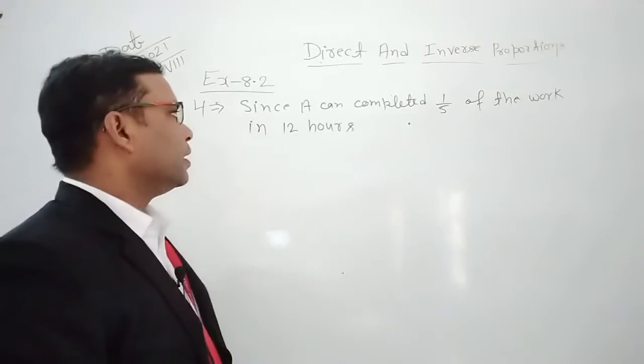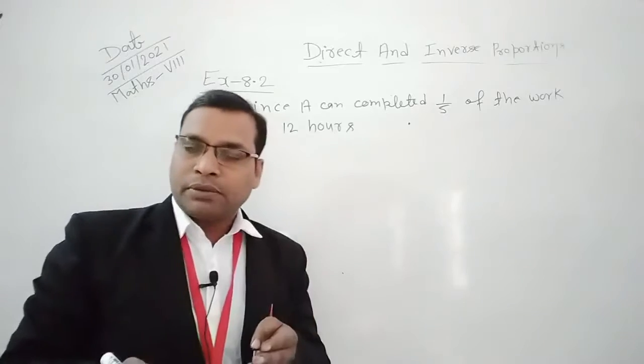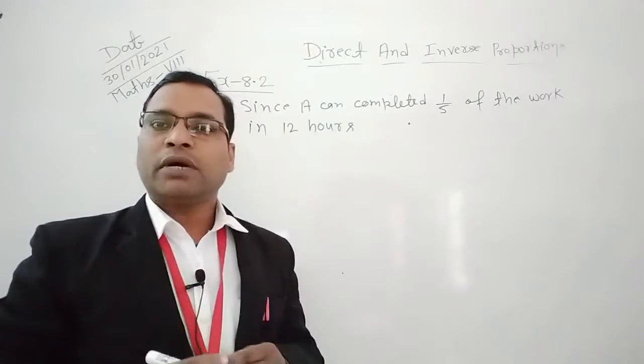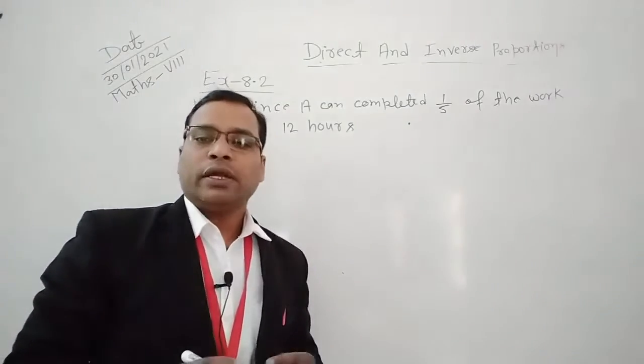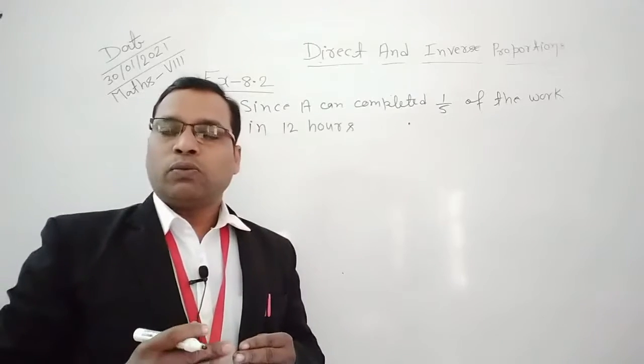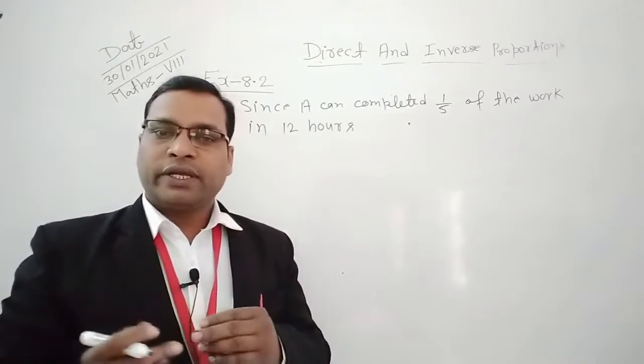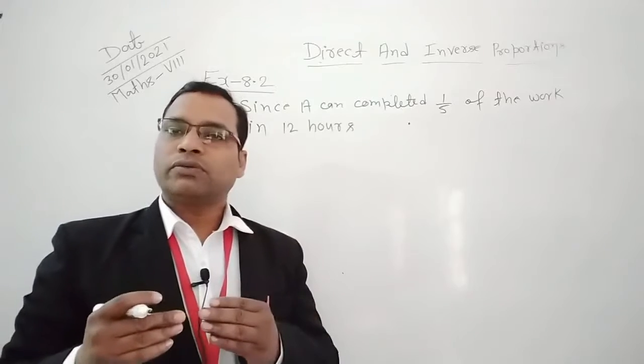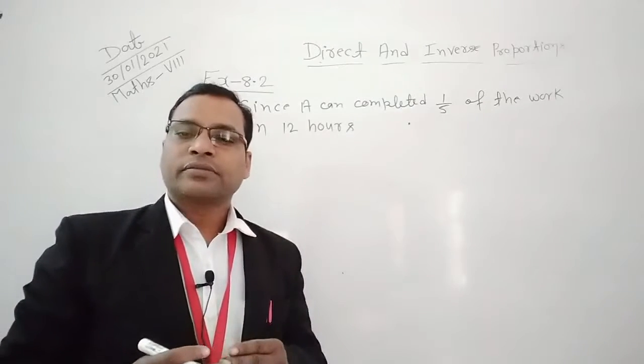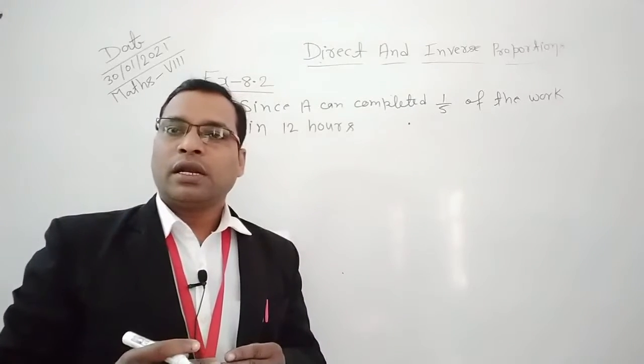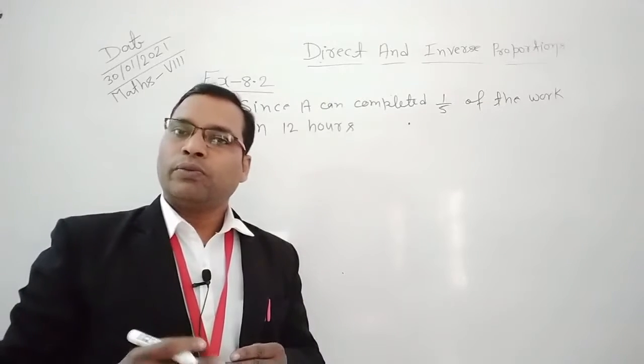Okay, A can complete 1 by 5 part of the work in how many hours? 12 hours. So what is the 1 hour's work of A? You can say 1 by 12 into 1 by 5.